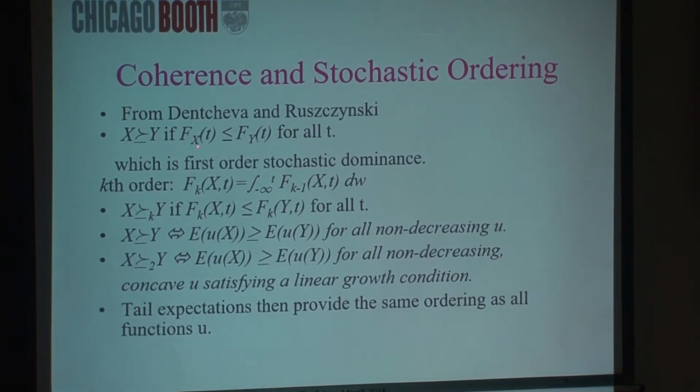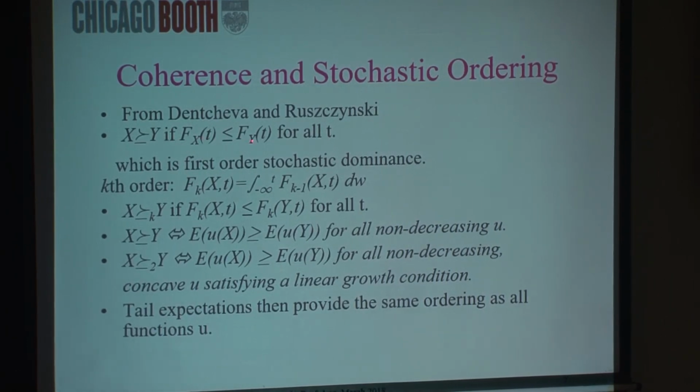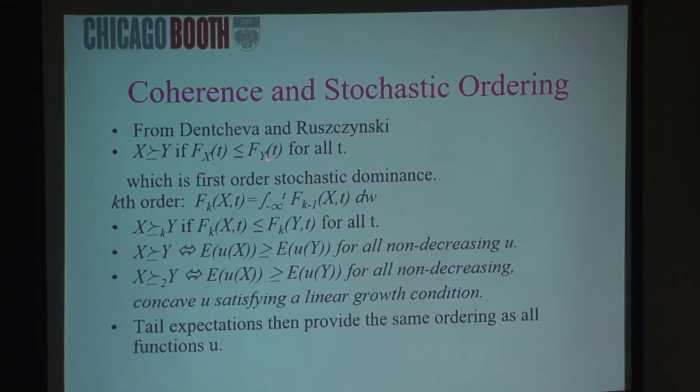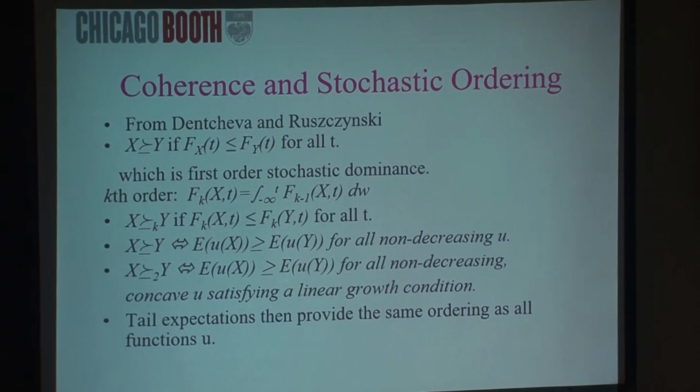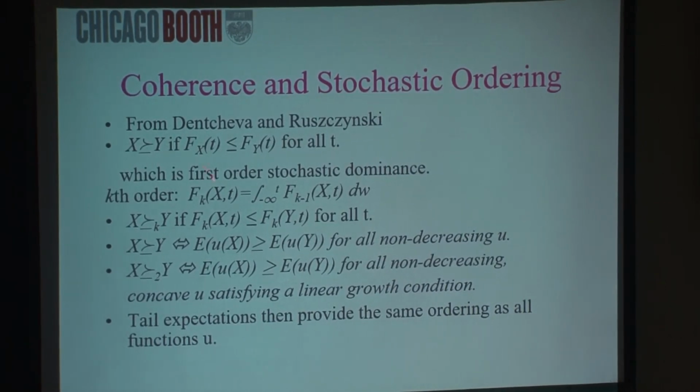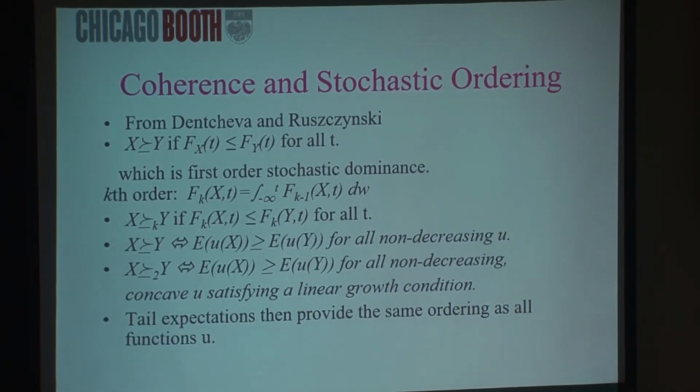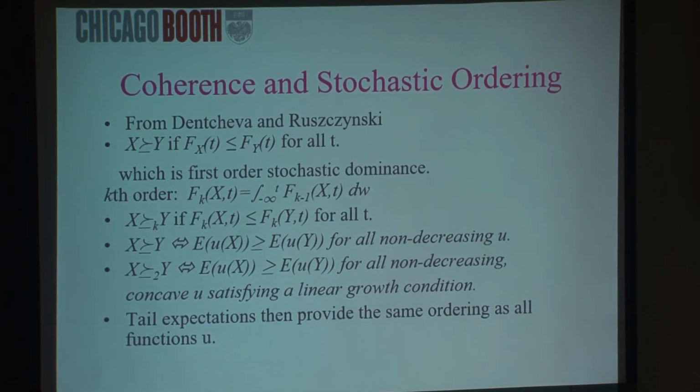In other words, the cumulative under x is always less than or equal to the cumulative under y. That says that x is greater than y. It's because the probability of being less than any number is smaller for x, which means the probability of being greater is always greater for x.